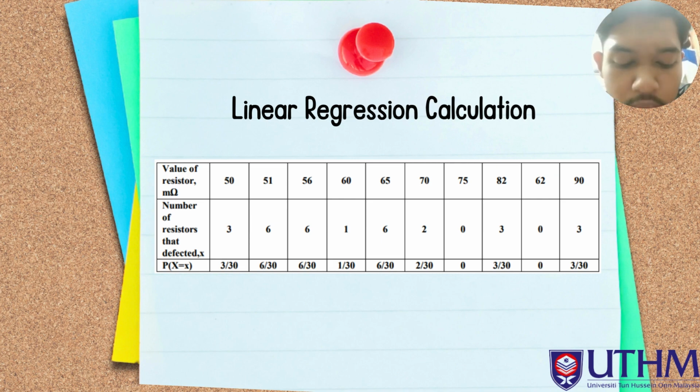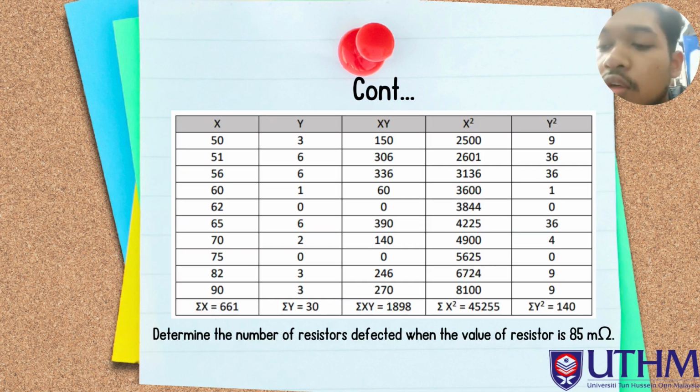The table we have here gives the value of the resistor, which is X, and the number of resistors that are defective, which is the Y value. Next, let's move to the next part. From that, we create a table of X and Y, and also X multiplied by Y, X squared and Y squared, and then we sum all of it.